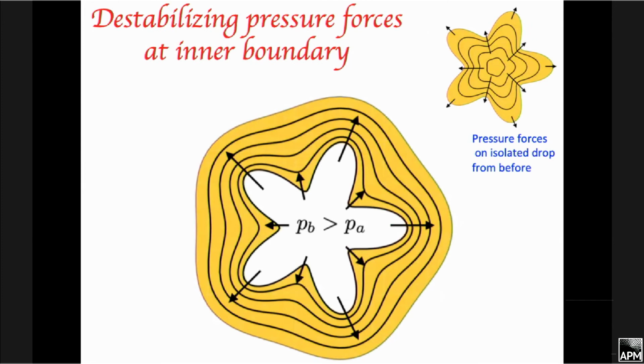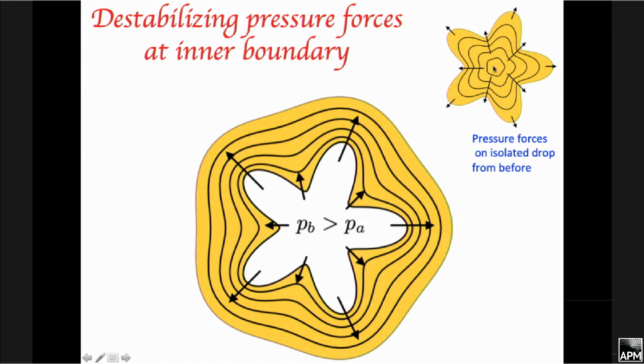This is now showing you the pressure forces involved in the drop here. When we have an inner drop, what happens is, again, because of the variation in pressure, there's a relatively small pressure gradient here, relatively smaller than there is here, where it's already unstable, and so it pushes it out even further.